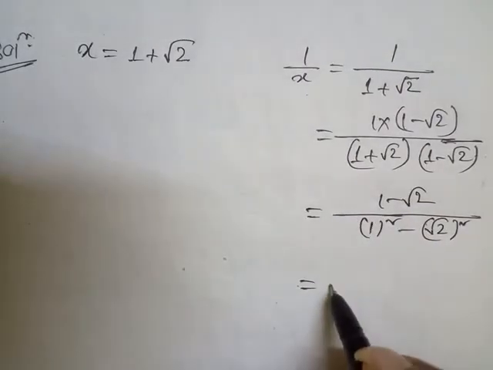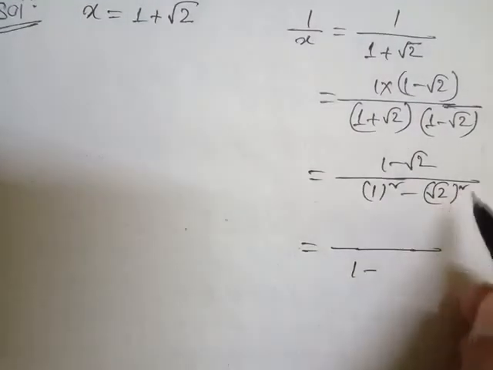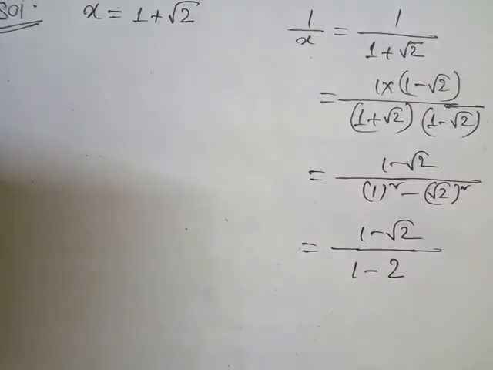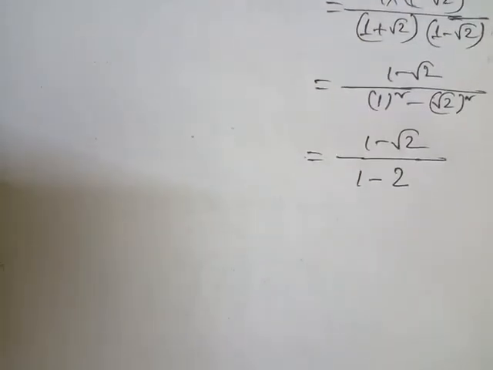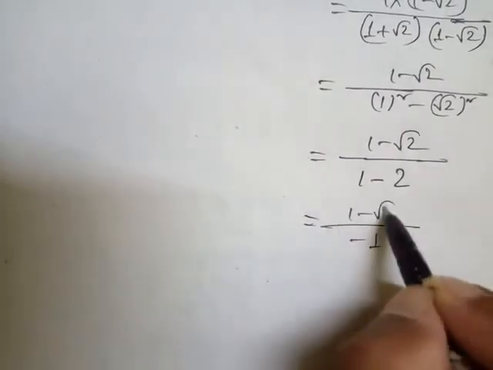Now next would be, student, look, so 1 square is 1 and root 2 square is 2, square root cancel, 2 here, 1 minus root 2. Now next would be 1 minus 2 means minus 1, and there is 1 minus root 2.